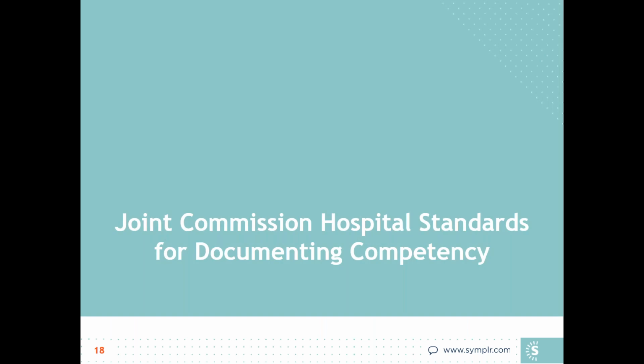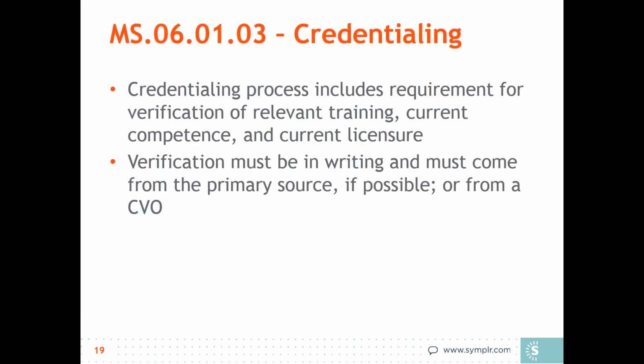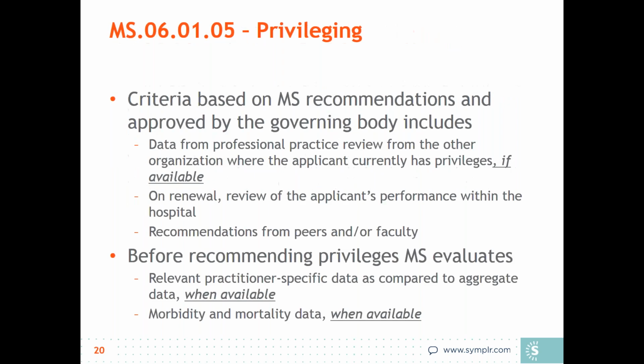So Joint Commission hospitals have a little bit different language, although they do kind of include some of the same type of language. They're just a little bit different wording. The credentialing standard says that the credentialing process has to include a requirement for verification of relevant training, competence, and current licensure, and that these verifications need to be in writing and come from the primary source if possible, or a credentials verification organization.